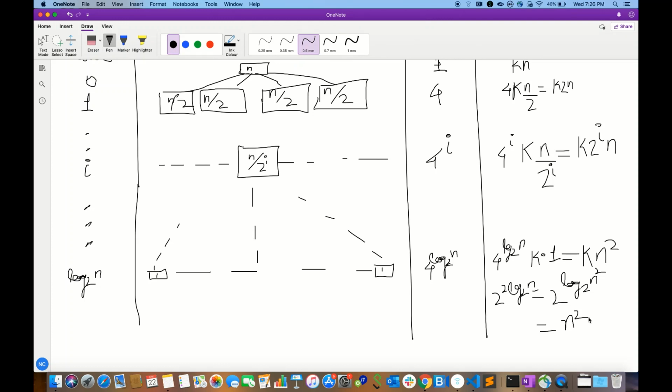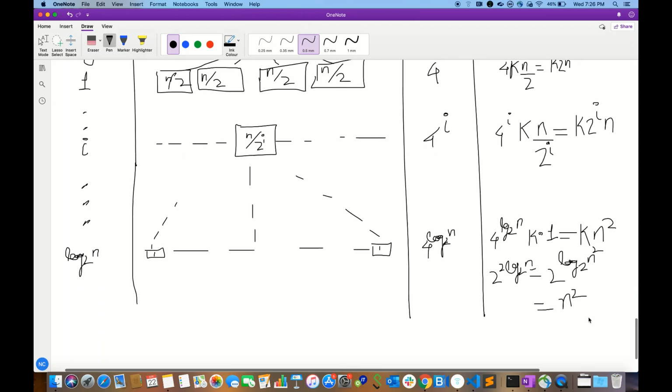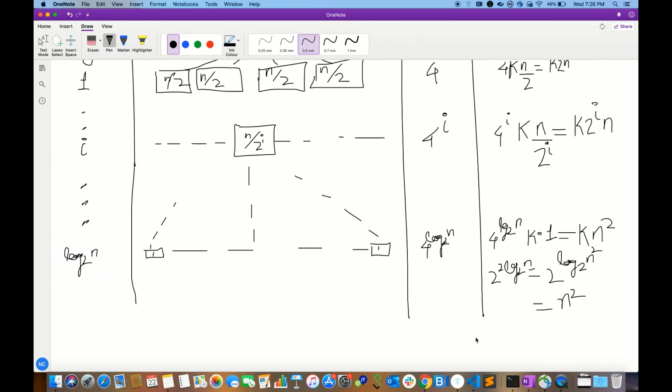Yeah, so let's just calculate the generic total work that needs to be done.